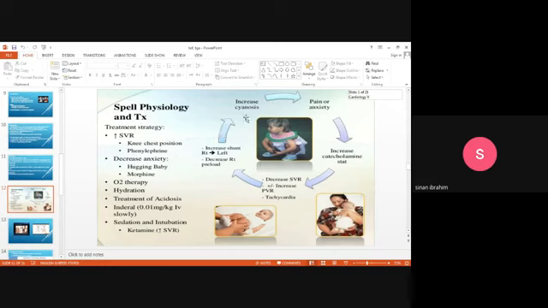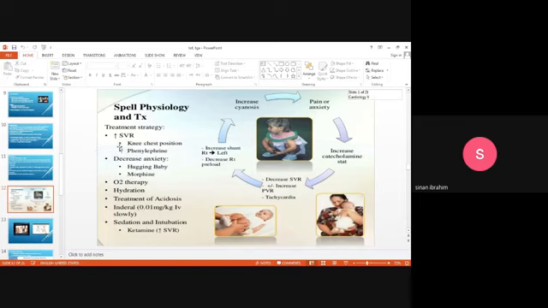So this vicious circle will trap the child in it. So we must cut it by medication, or even sometimes if we fail by medication, we do a cath for the patient or surgery to cut this vicious circle.